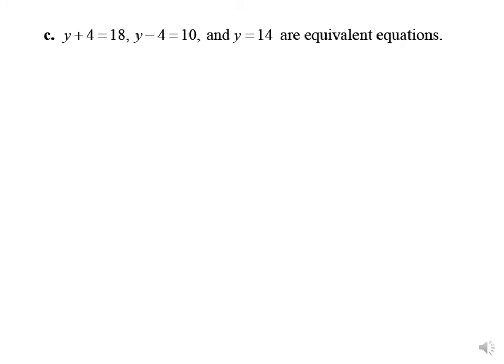All right, last one of these here. C has 3 different equations: y plus 4 equals 18, y minus 4 equals 10, and y is equal to 14. Are those all 3 equivalent equations?